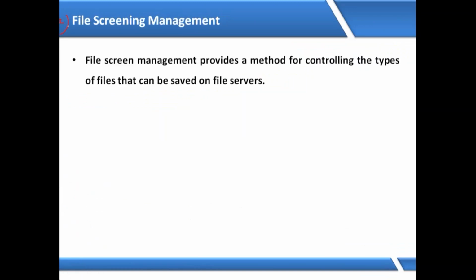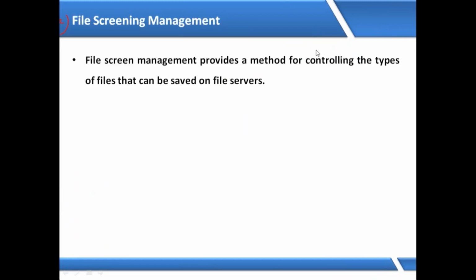Then the second component, file screening management. With the help of the file screening management component, we can control which type of file the user can create and which type of file he can't create. Generally, take an example like a text file and an image file. Which will consume more space? The image file.